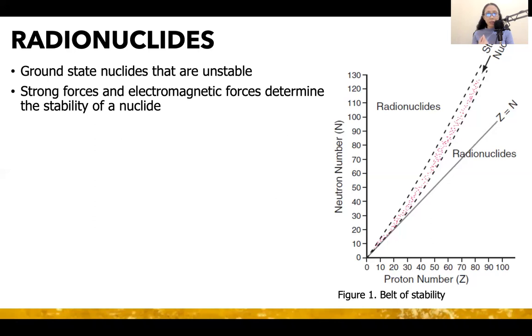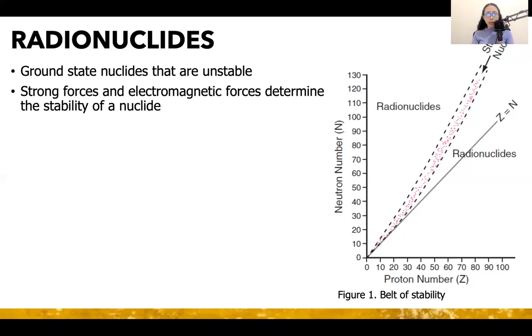So they feel electromagnetic forces, which are repulsive. They repel each other. So the balance between these two, the attractive forces due to the strong forces by the neutrons, and the repulsive electromagnetic forces due to the protons, determine the stability of a nuclide. If the two forces are just balanced, then we don't have a radionuclide.